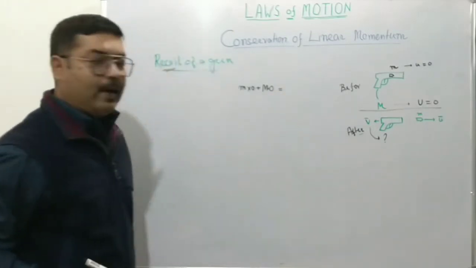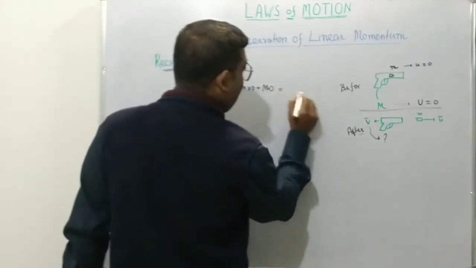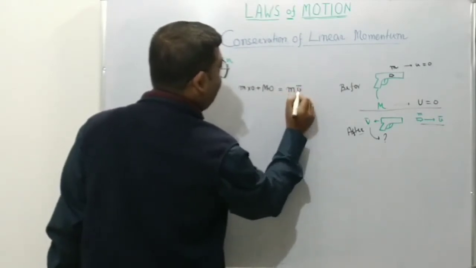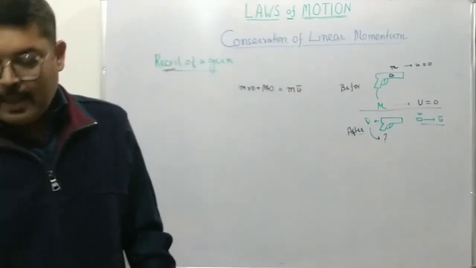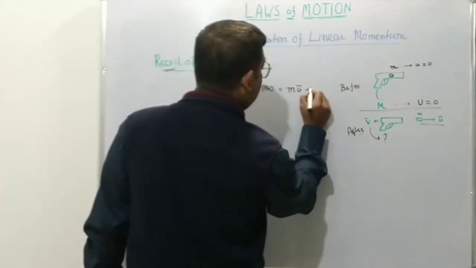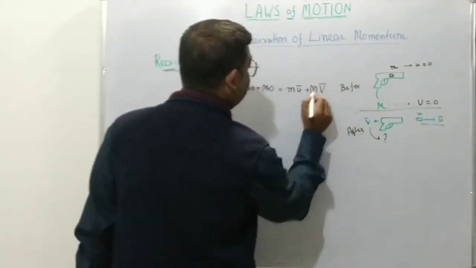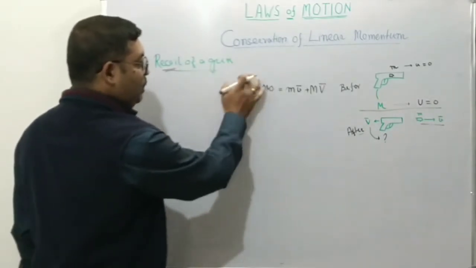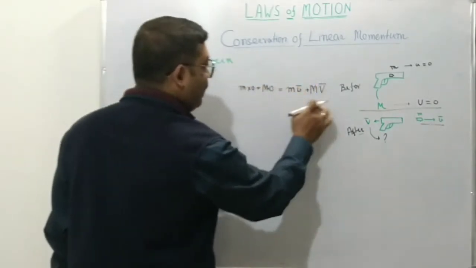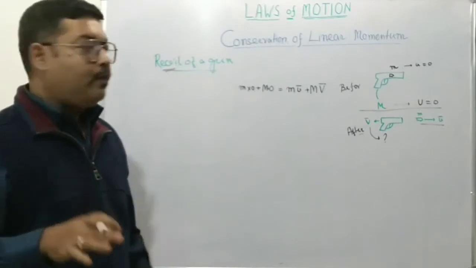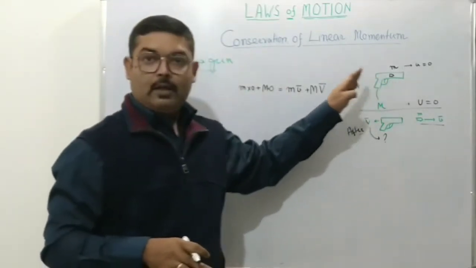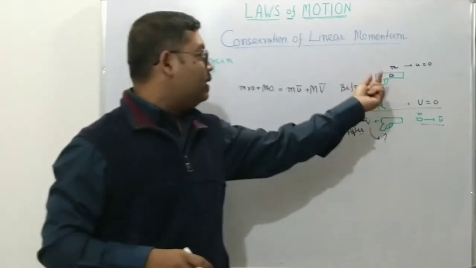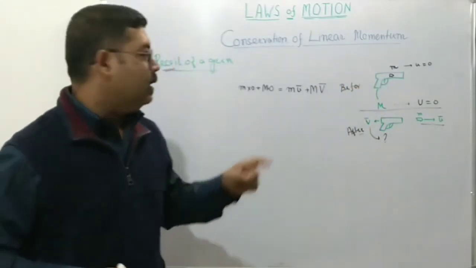After the bullet has been fired, the velocity of the bullet becomes v. So the momentum of the bullet is m into v, and that of the gun becomes M into capital V. By conservation of momentum, the initial total momentum is equal to the final total momentum of an isolated system, because while you fire the bullet from the gun, there is no external force, only the internal forces of the bullet and the gun are used here.